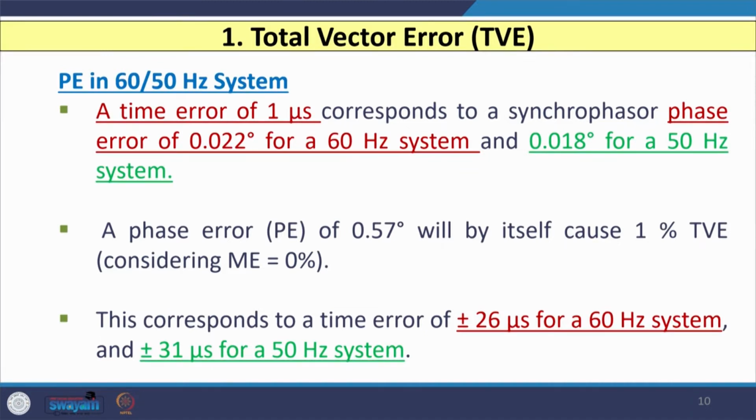So, a phase error of 0.57 degree by itself will cause 1% total vector error, assuming that the magnitude error is 0%. This corresponds to a time error of plus or minus 26 microseconds for a 60 hertz system and 31 microseconds for a 50 hertz system. So, you can consider this in the calculation.